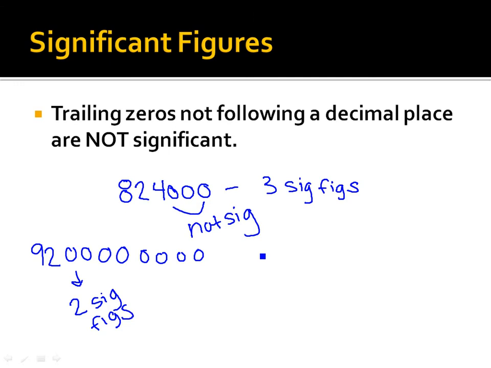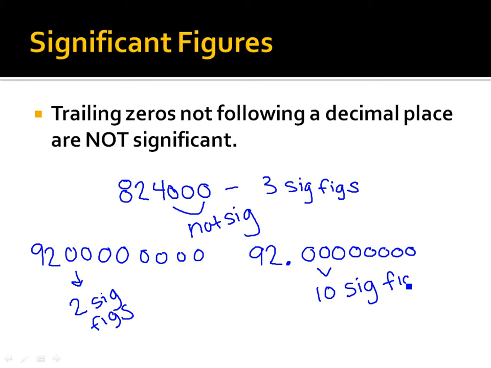But if we put a decimal place here, let me see how many zeros we have over on this side. 3, 6, we have 8. Now our trailing zeros follow a decimal place, so all of them are significant. So now we would have 8 zeros plus 2. We would have 10 significant figures.